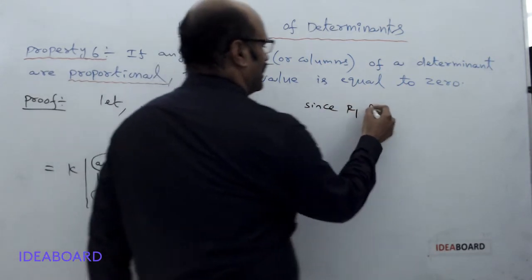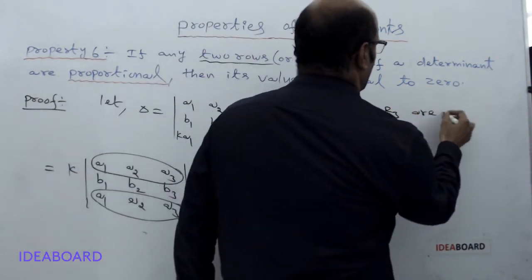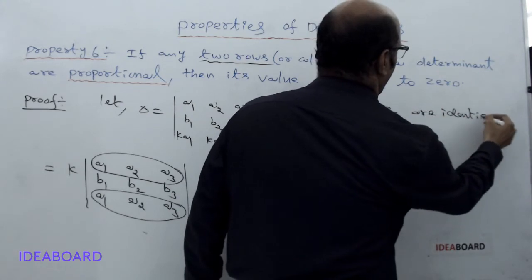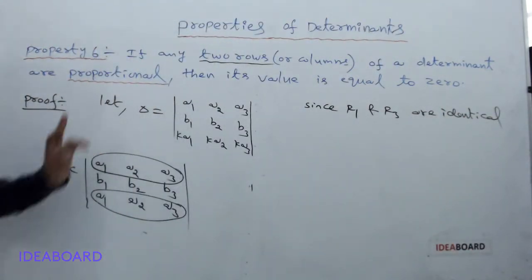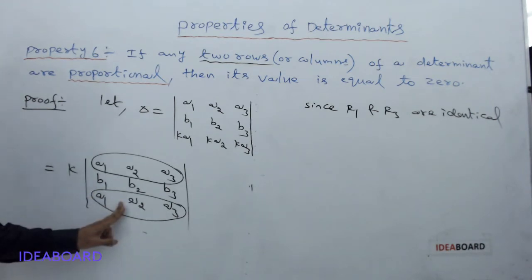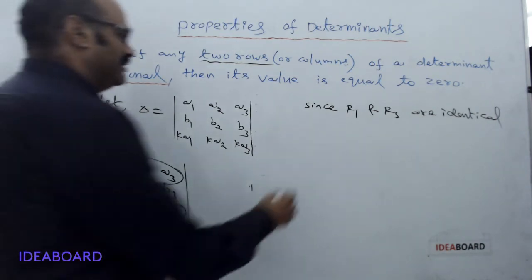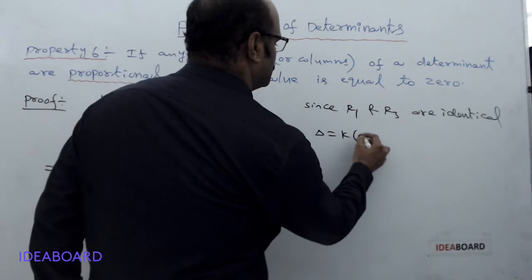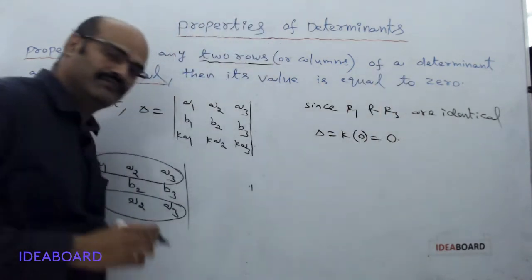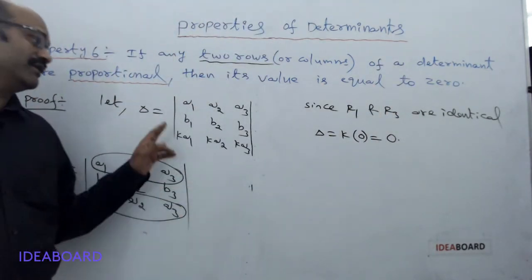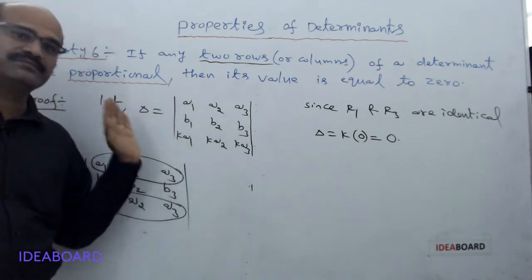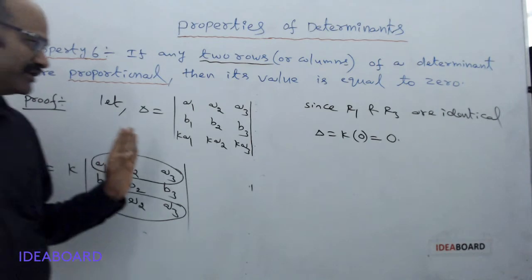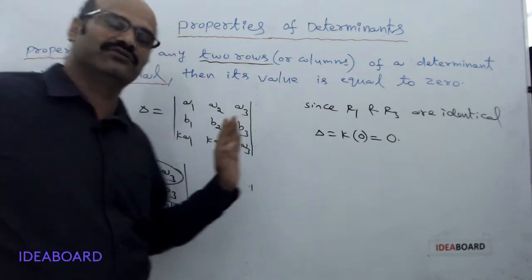Since R1 and R3 are identical, the value of delta equal to k into, here we are having 0. So it implies delta equal to k into 0 equal to 0. So whenever you have a determinant, if any two rows or any two columns are proportional, then that value will always be equal to 0.